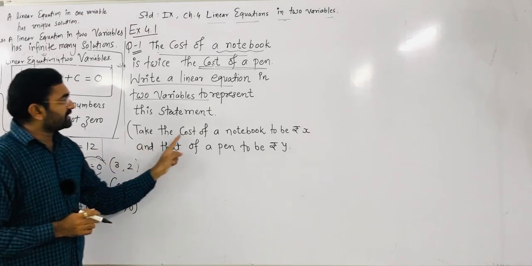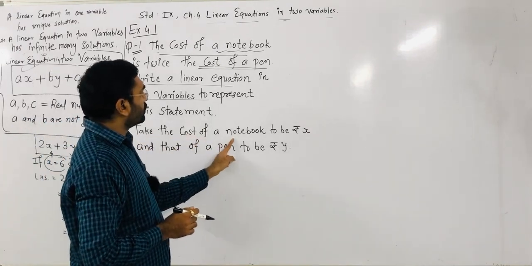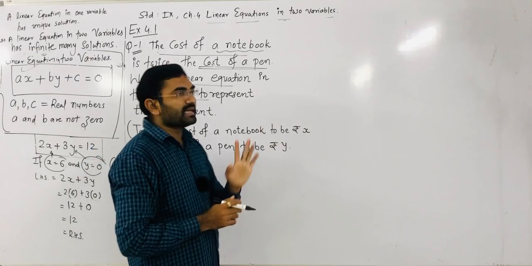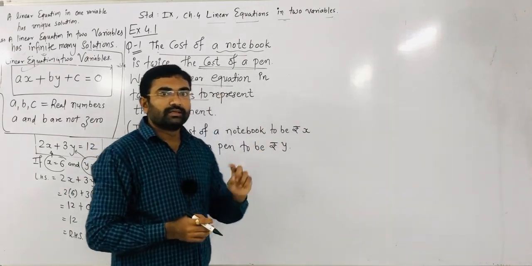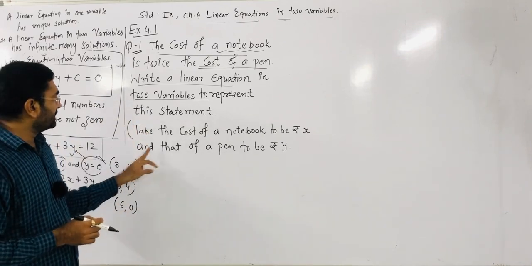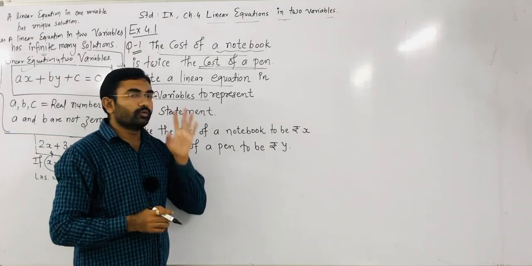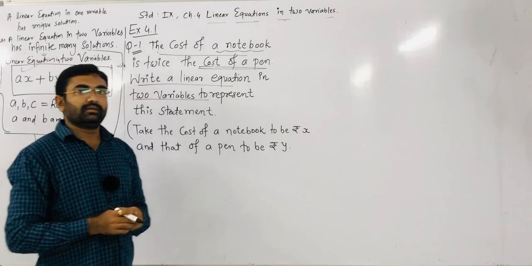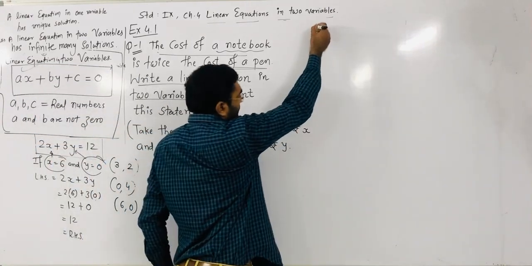In the question they say, take the cost of a notebook to be rupees x. So one notebook costs x rupees, and that of a pen to be rupees y. One pen costs y rupees. So here I represent that.